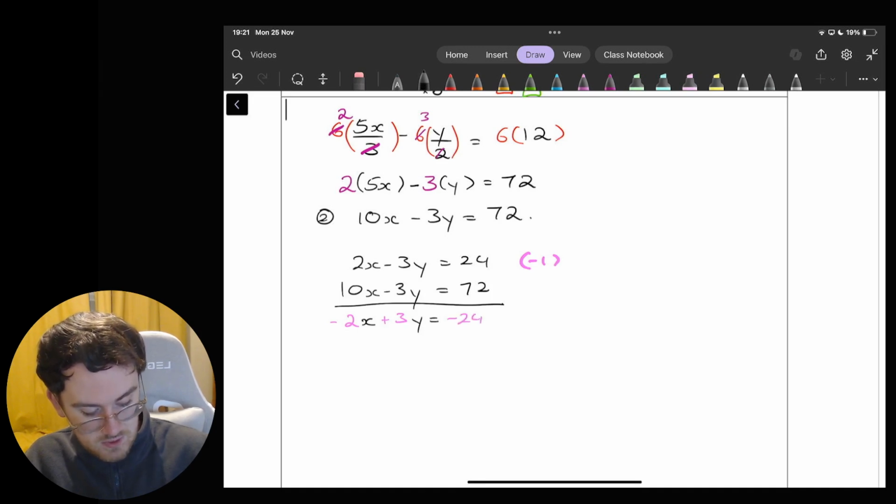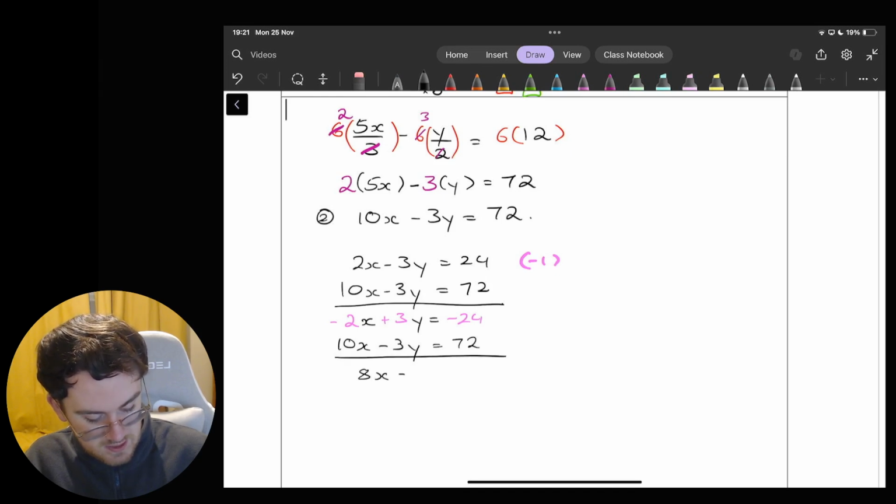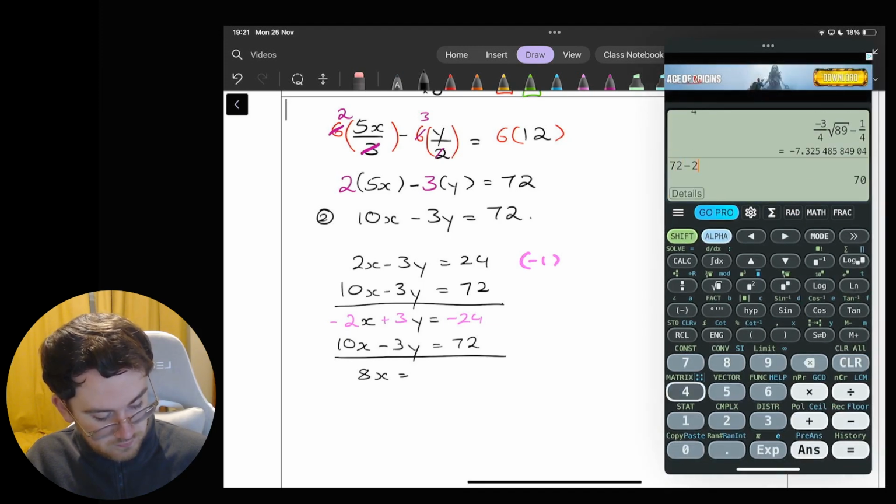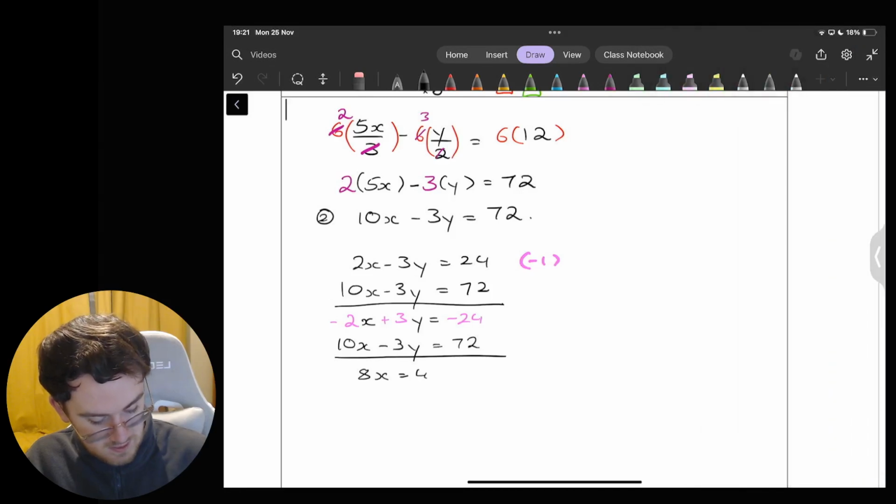And then the bottom equation remains as is, with a negative 3y, equals 72, to get 8x equals, let's see, 72 minus 24 gives me 48. Divide both sides by 8 to get that x equals 6.